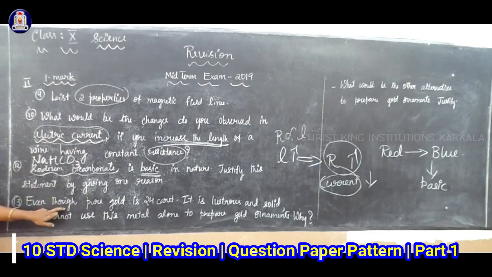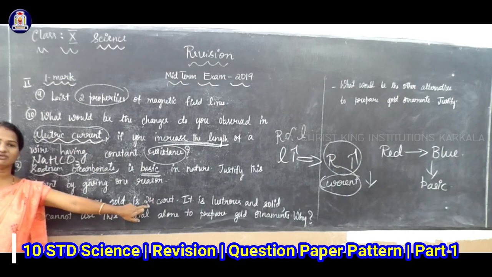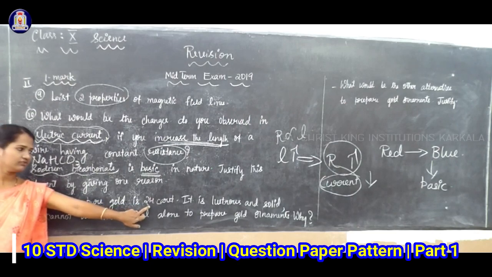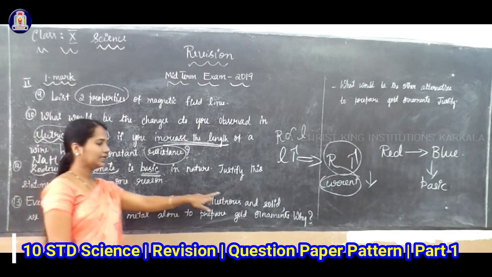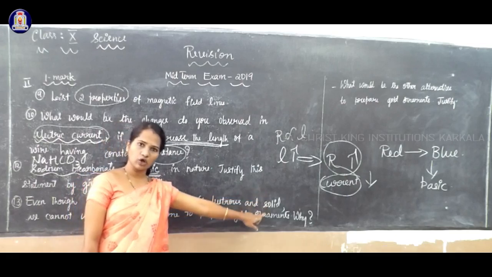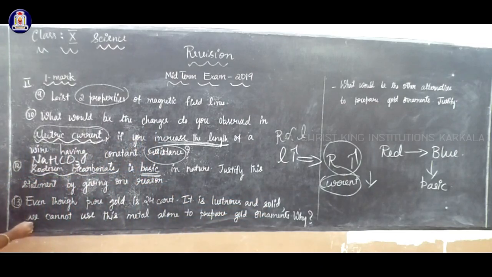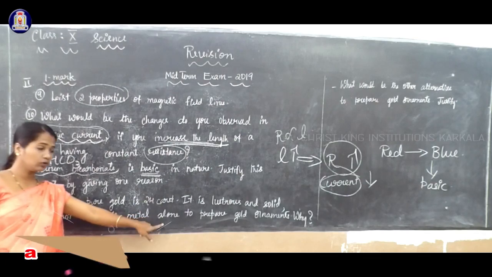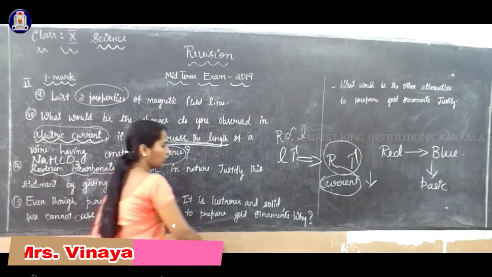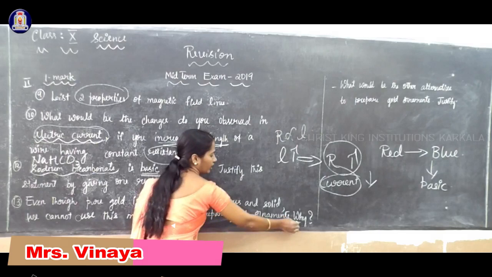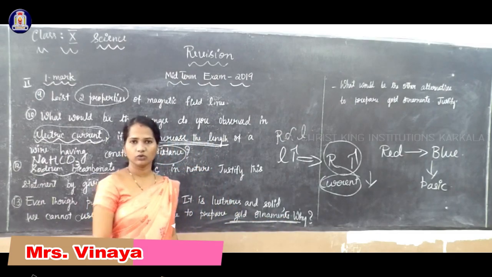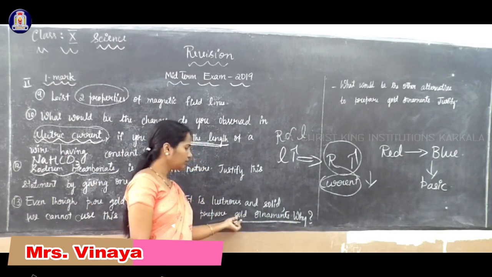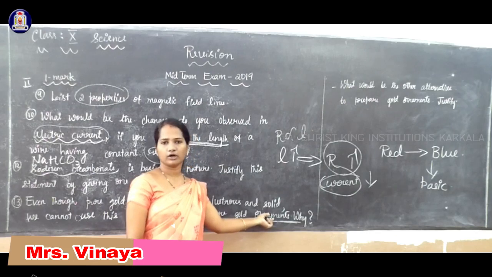Even though pure gold is 24 carat, lustrous and solid, we cannot use this metal alone to prepare gold ornaments. Why can 24 carat gold or pure gold not be used to prepare gold ornaments?